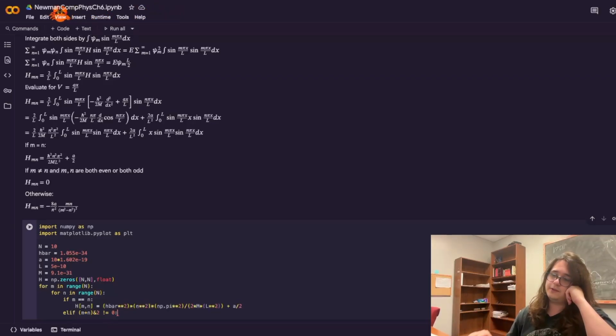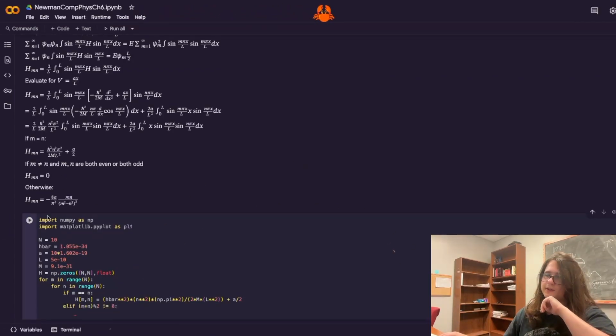So if you do n plus m mod 2, you know that's going to be either equal to 0 if it's even, and therefore you want to set that value equal to 0, or it's 1 if it's odd. So I'm just going to have it be not equal to 0.